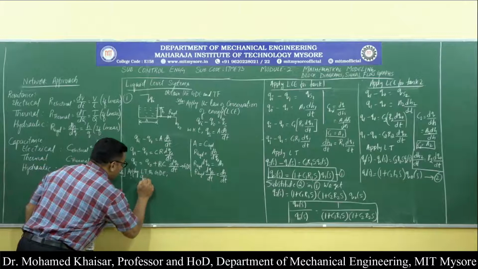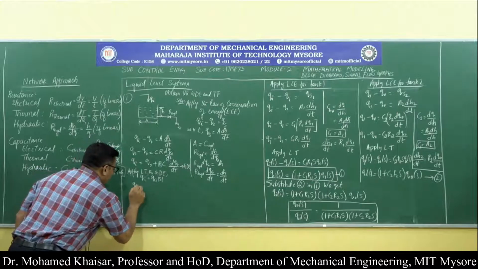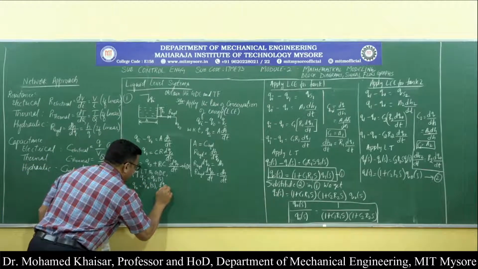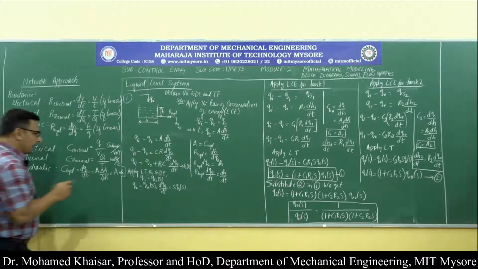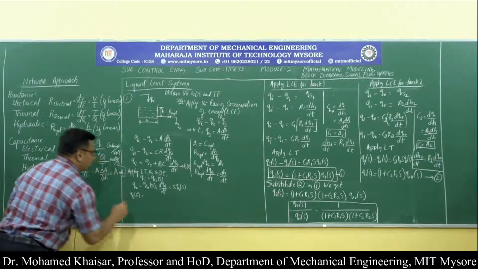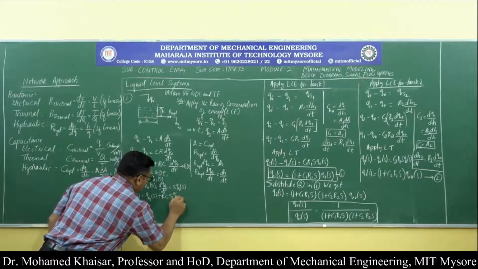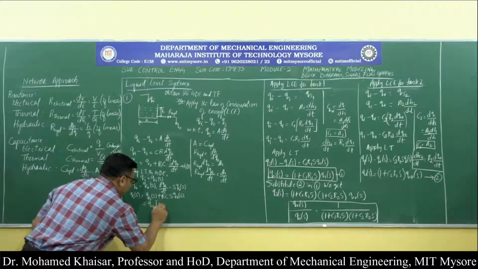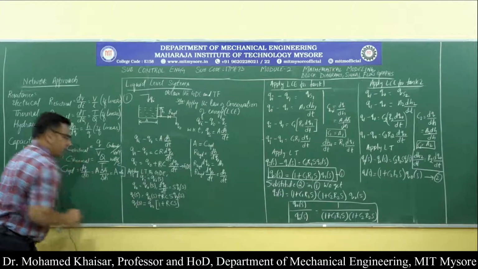Qi will become Qi of S, Q naught will become Q naught of S, and dQ naught by dt will become S Q naught of S. Then we get Qi of S is equal to Q naught of S plus RC S into Q naught of S. Taking Q naught common on the right hand side, we get 1 plus RCS inside the bracket, and here Qi of S.